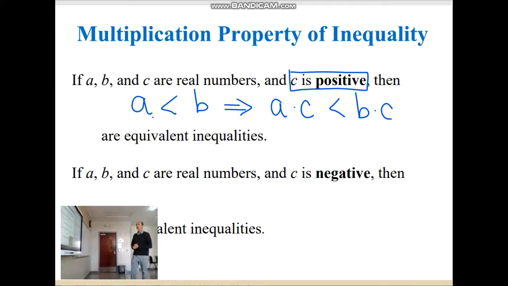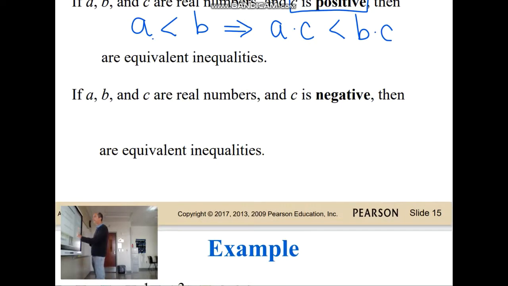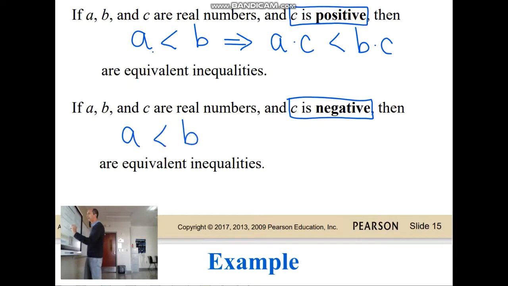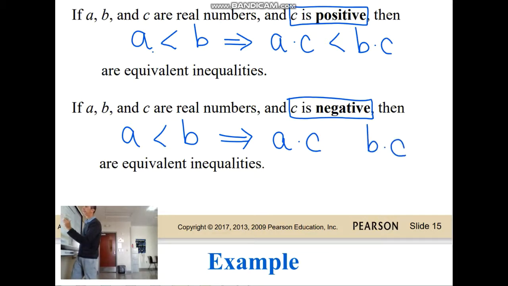You can say this is true as long as c is positive. But if c is negative, what is going to happen? If c is negative, if you have a less than b, the conclusion is that a times c compared with b times c is going to be greater than. If you have c negative, you have to flip, to switch, the inequality sign.